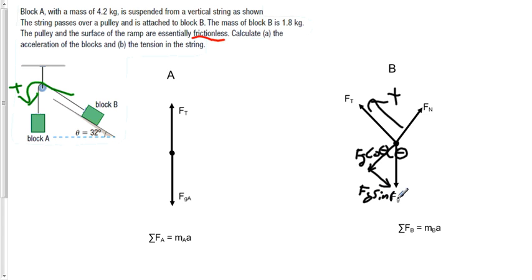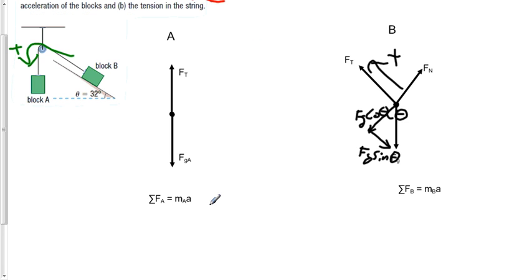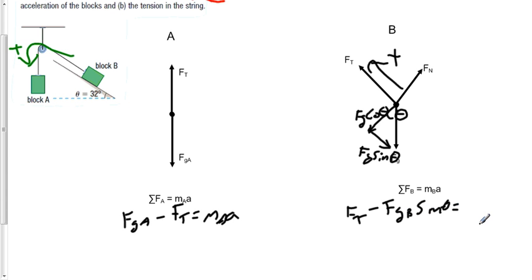Again, I can write my Newton's second law statements. Let's start with the one for A. Considering the directionality I picked to be positive, the force of gravity acting on A minus the force of tension is equal to MAA. And over here, the force of tension minus the force of gravity on B times sine theta is equal to MBA.